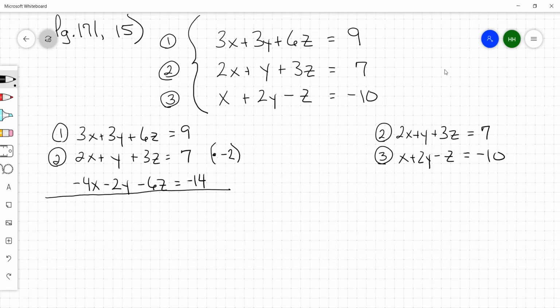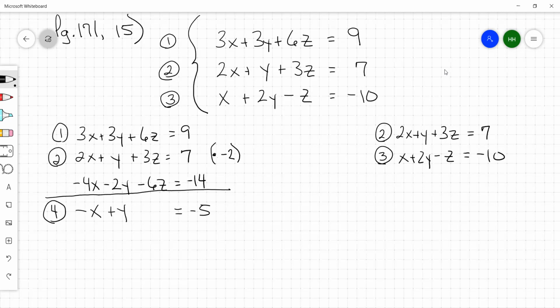So 3x plus negative 4x is negative x. 3y minus 2y is positive y. 6z minus 6z goes away. That's what we wanted to do. 9 minus 14 is negative 5. And I call this equation 4.